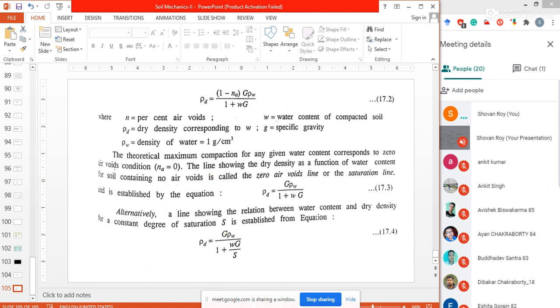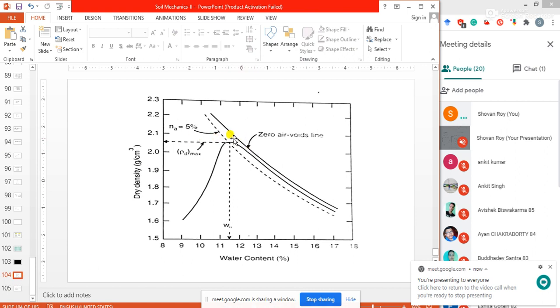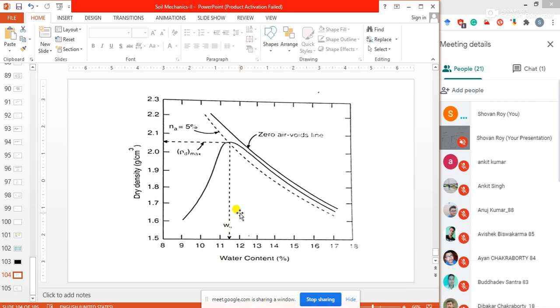And as we also know, the maximum dry density can only be achieved by adding some percentage of water. Without water we cannot achieve the maximum dry density. So some percentage of water should be there in the soil, and only then can we get the maximum dry density.